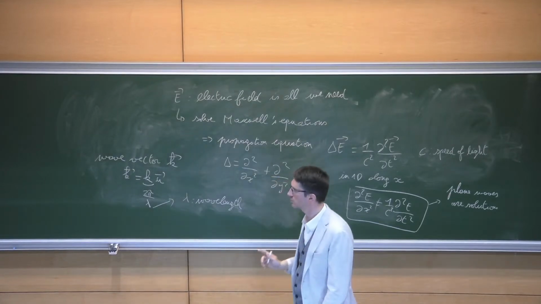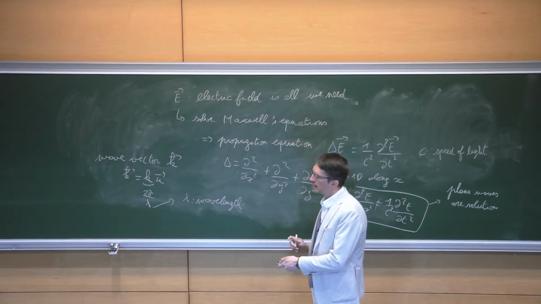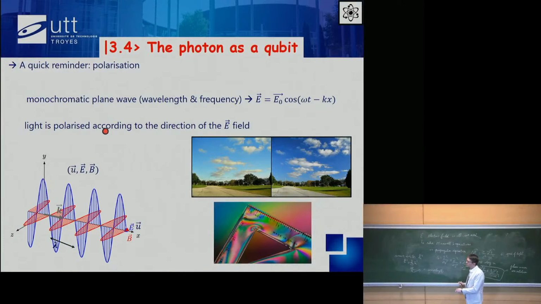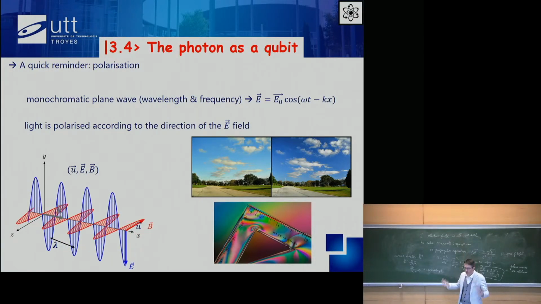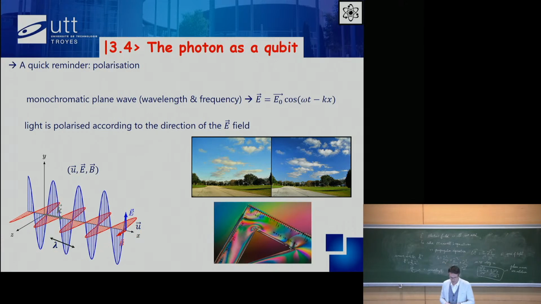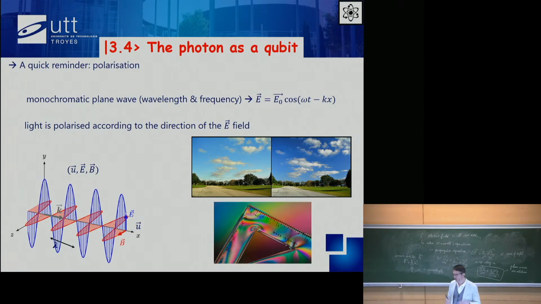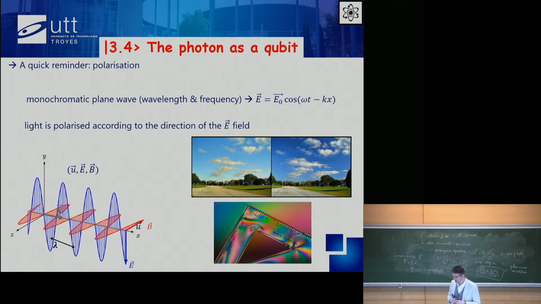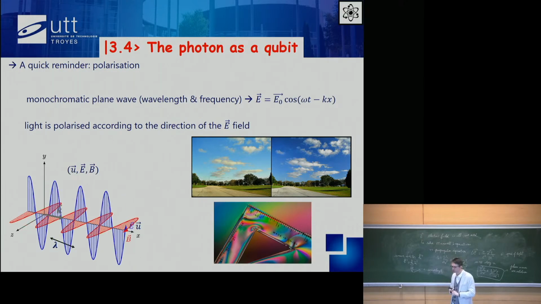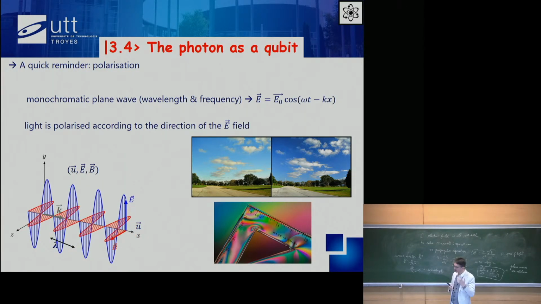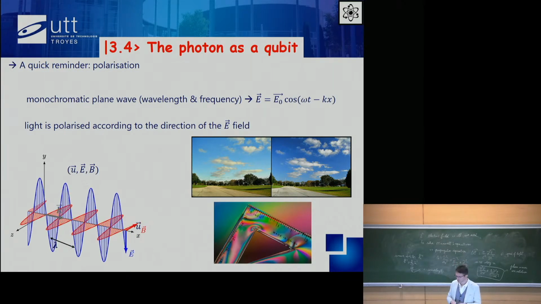We'll see that afterwards. So the polarization state is one way of coding qubits on photons. It's probably the easiest to picture, not necessarily the easiest to manipulate in the lab, but it's easiest to picture.